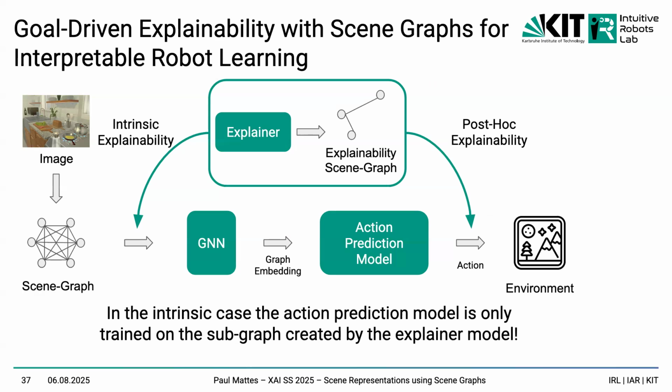So there are no relations implemented yet, but it would be a graph, not necessarily fully connected, where I put in that I can pick up this object, I can put something on this object, and then I would work with this. But currently, we are more in the direction of trying to prove that my robot model still learns the same when using a scene graph compared to an image.